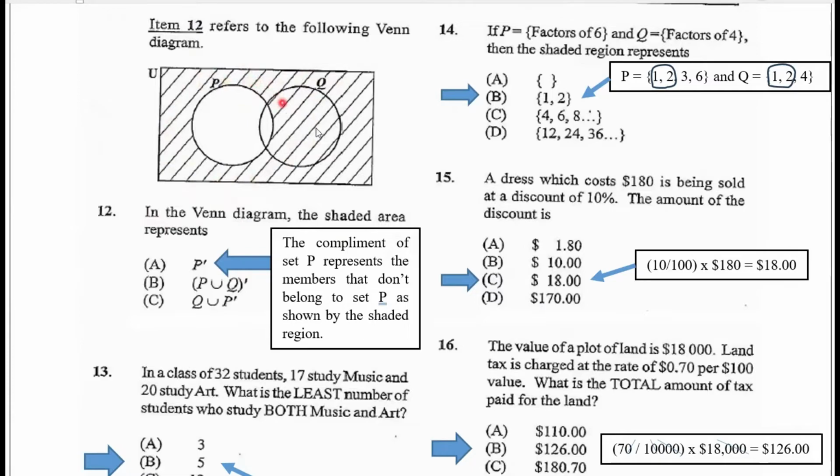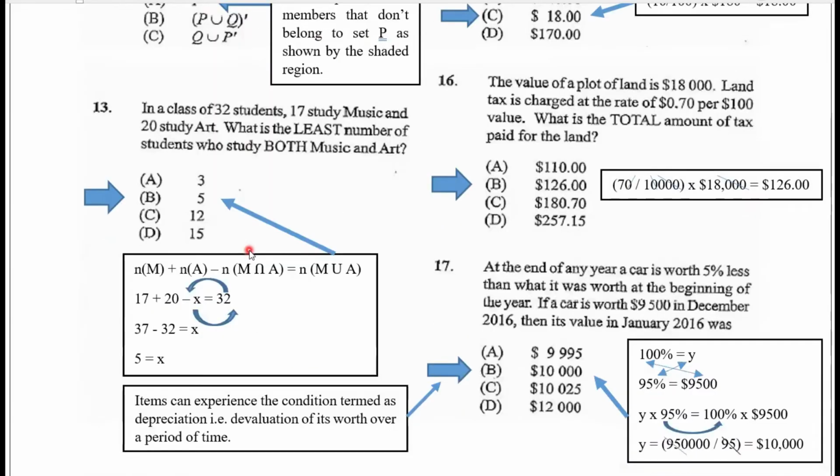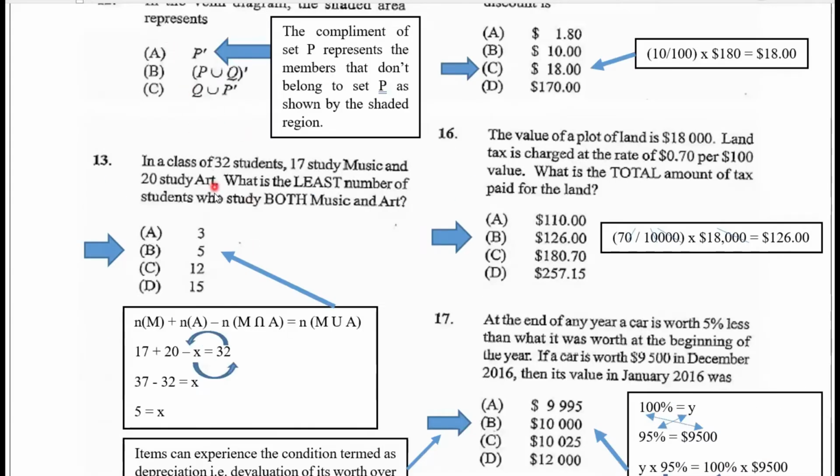So essentially, this shaded region will represent the complement of P. Complement of P would represent all the members that do not belong to P, which is shown in the shaded region. That's A.